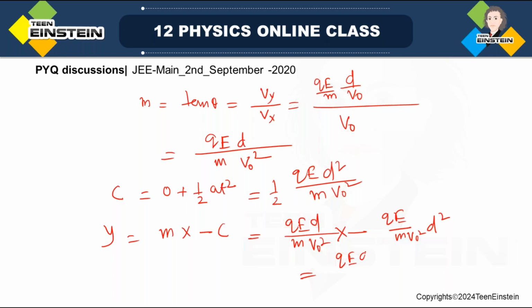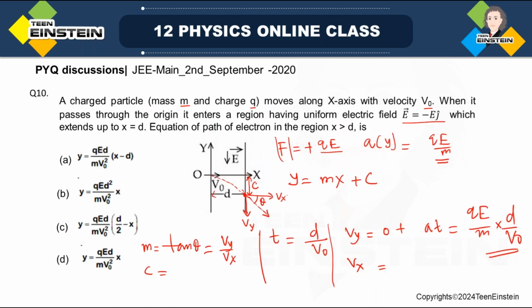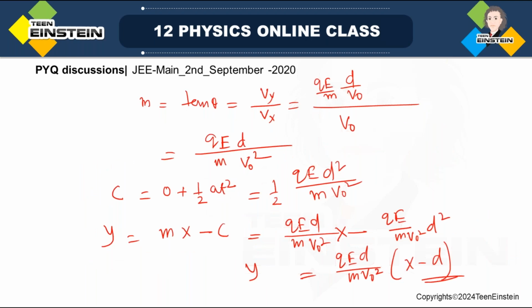So qE d by m v naught square, then x minus d. I think this is the answer. So qE d by m v naught square into x minus d. Let us see whether we have. I see. So there is a 2 here. So this will be d by 2.